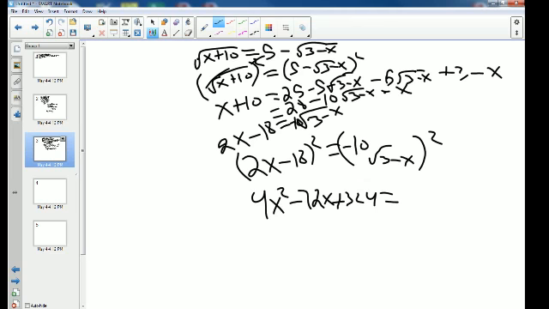With the right side, you can square the negative 10 and the square root of 3 minus x separately, but what will happen is it will become 100 times 3 minus x. So you'll now have to distribute the 100 into the 3 minus x, so it'll become 300 minus 100x.